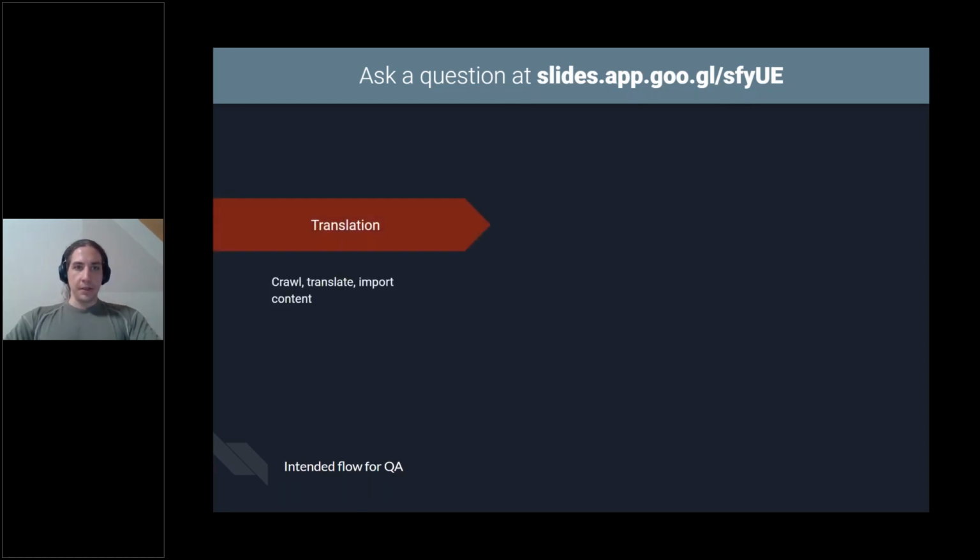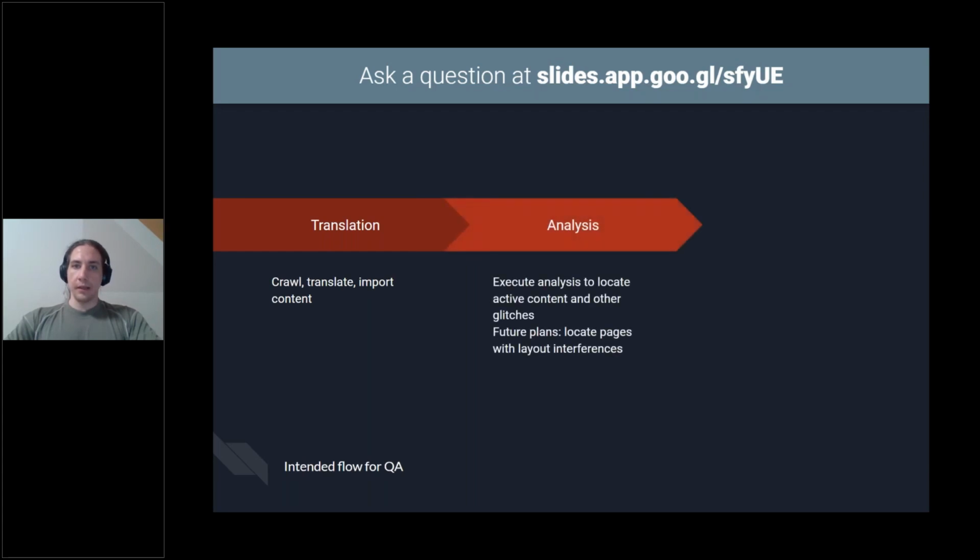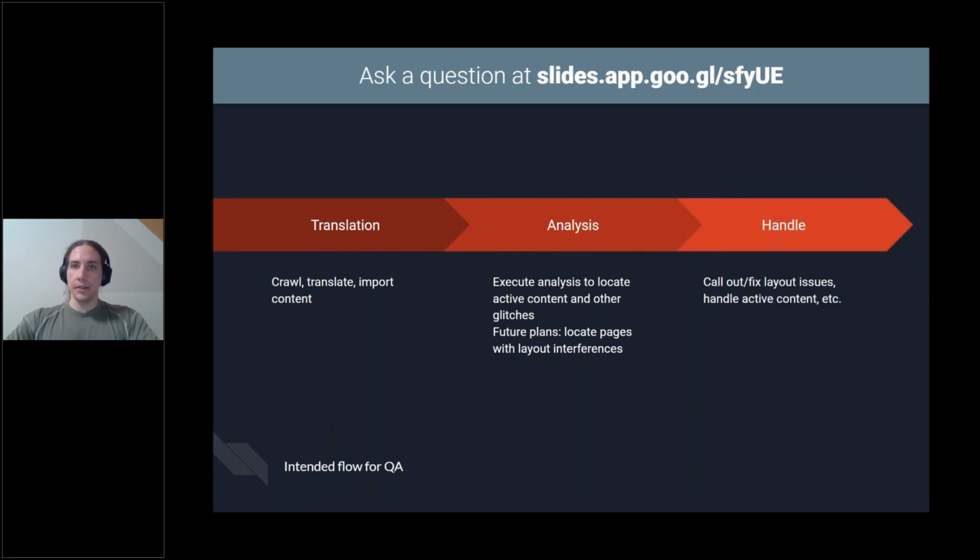The idea here is that once the regular translation process completes, the analyzer can be used to quickly and efficiently locate potential glitches, any remaining content, etc., so that they can either be handled internally as needed or called out to us, the client, other in-house resources, and processed as necessary.